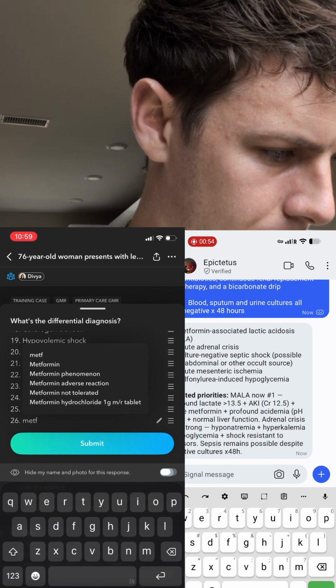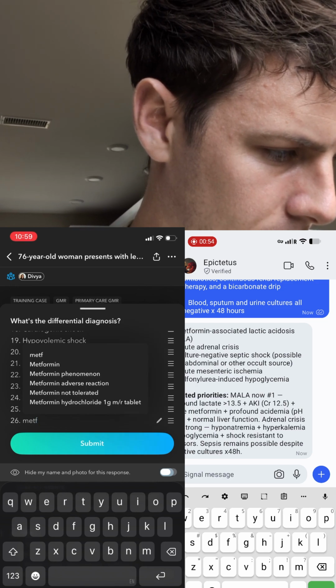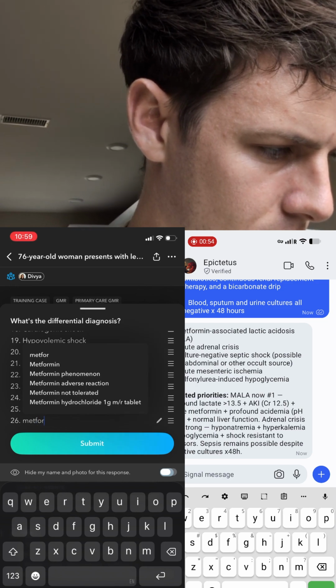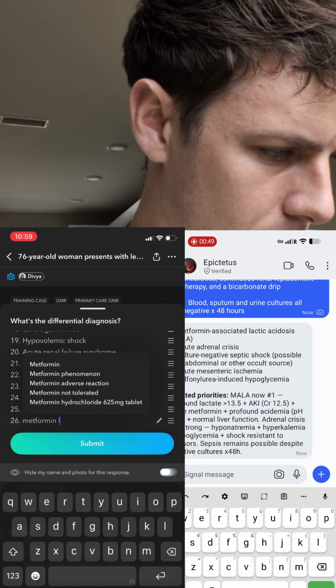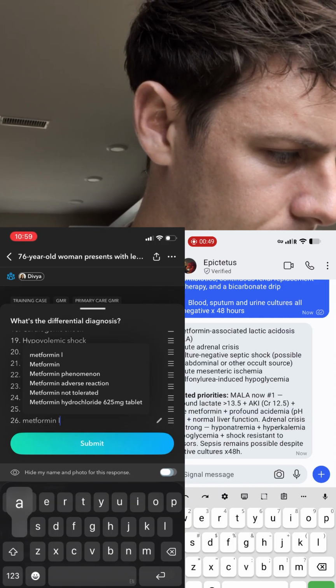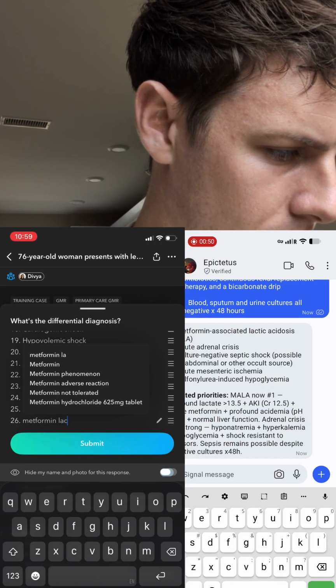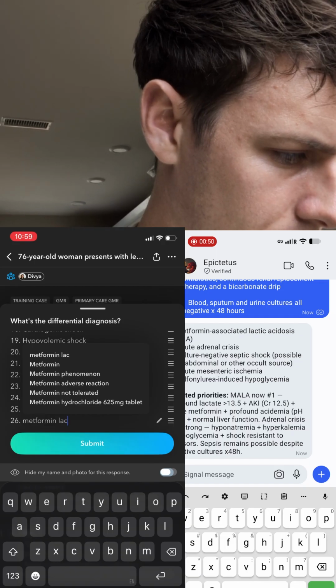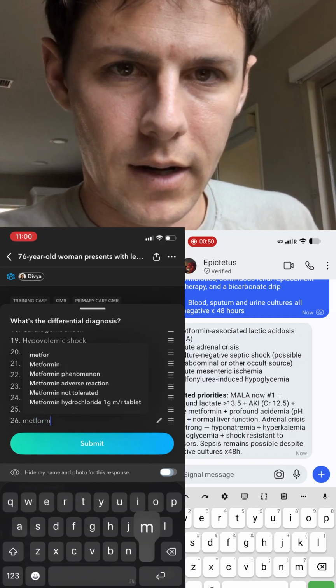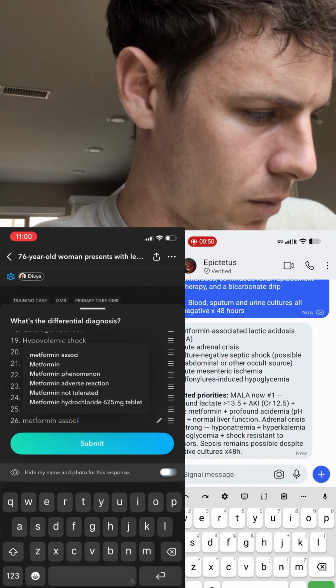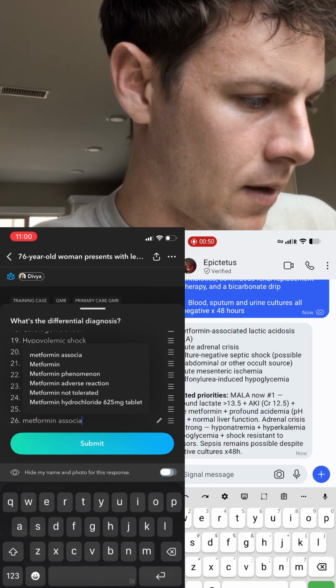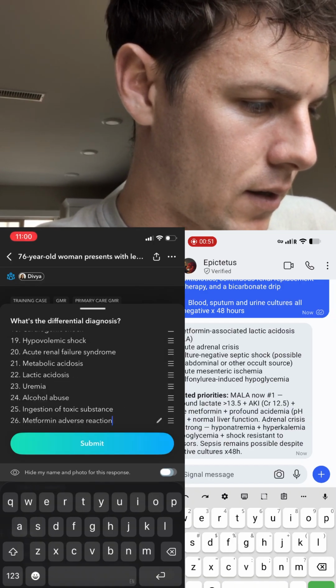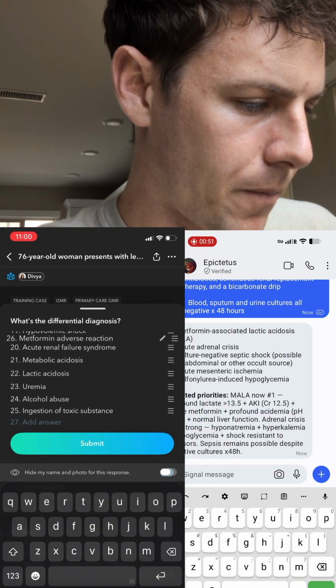Metformin, lactic acidosis. I don't even know if they have it here. Let's see. If not, we'll just have to put metformin adverse reaction. Metformin adverse reaction as the number 1 diagnosis.